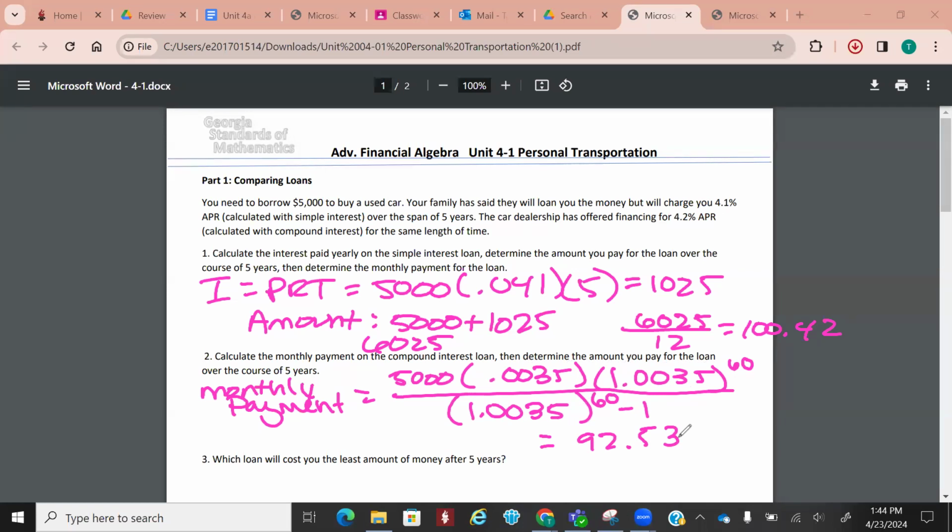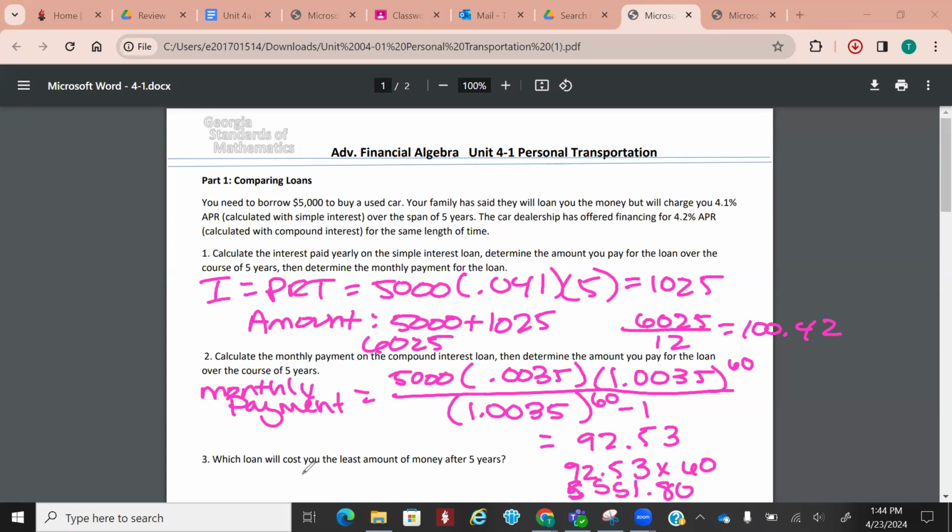And then we're going to multiply that by 60, because that's the amount of time, and that's how many times it's being compounded. And so that's going to be 5,551.80.